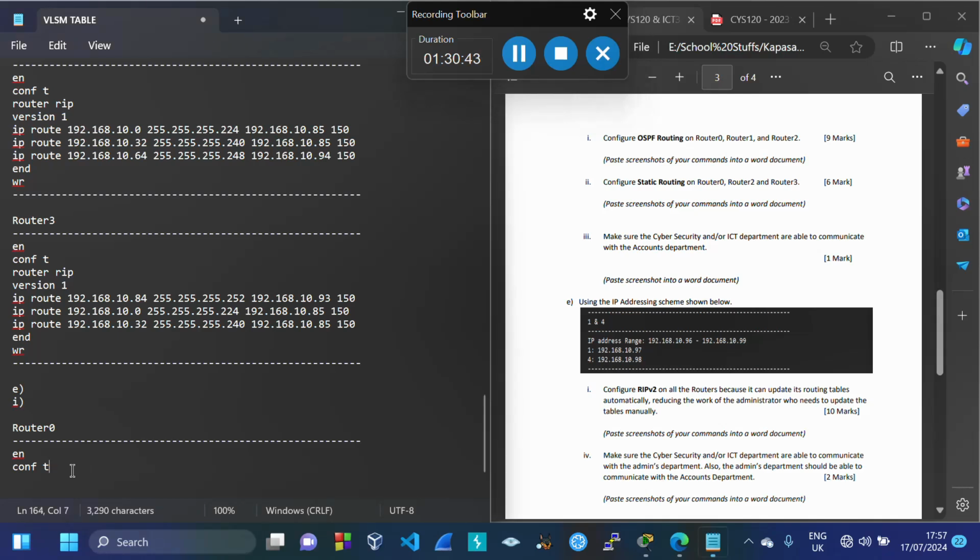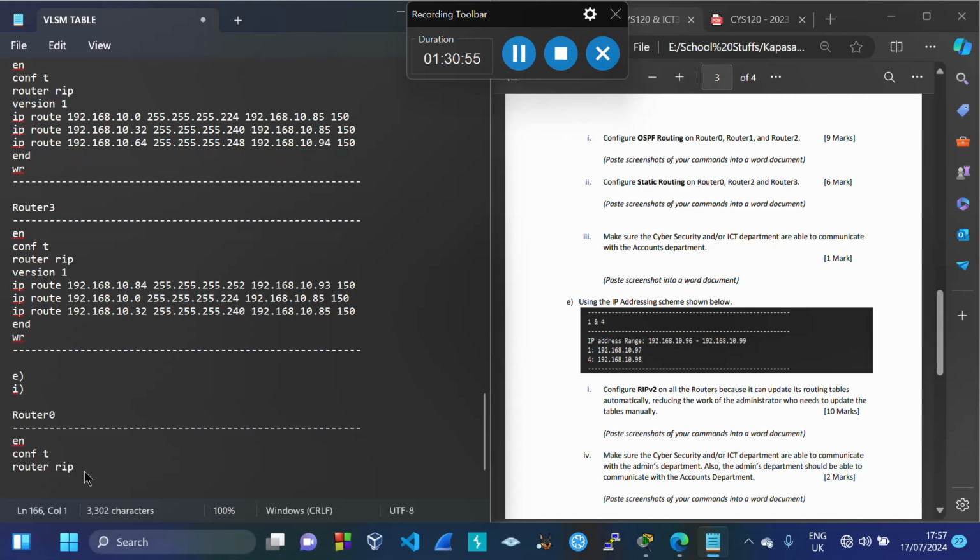Since we are configuring a routing protocol in a router, we say router rip for Routing Information Protocol. Now, instead of version 1, this is for version 2, but for now I'll write it at the end.